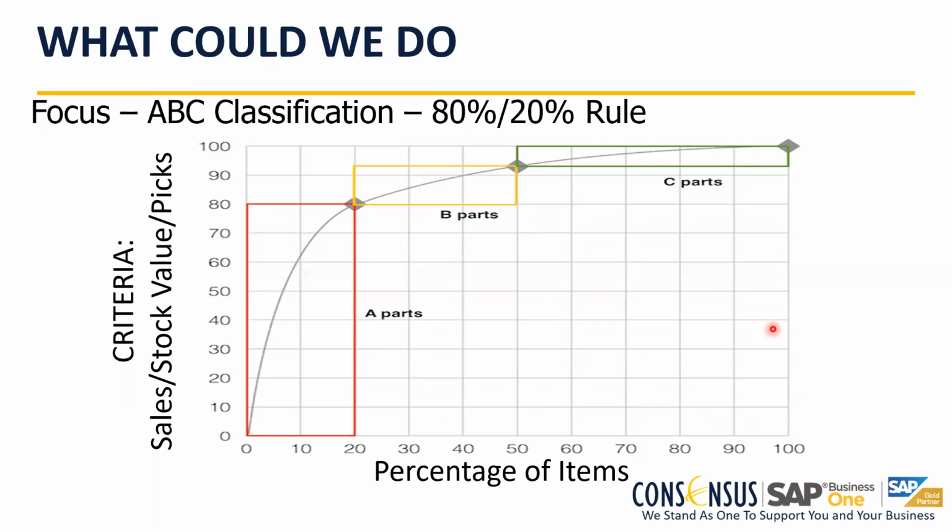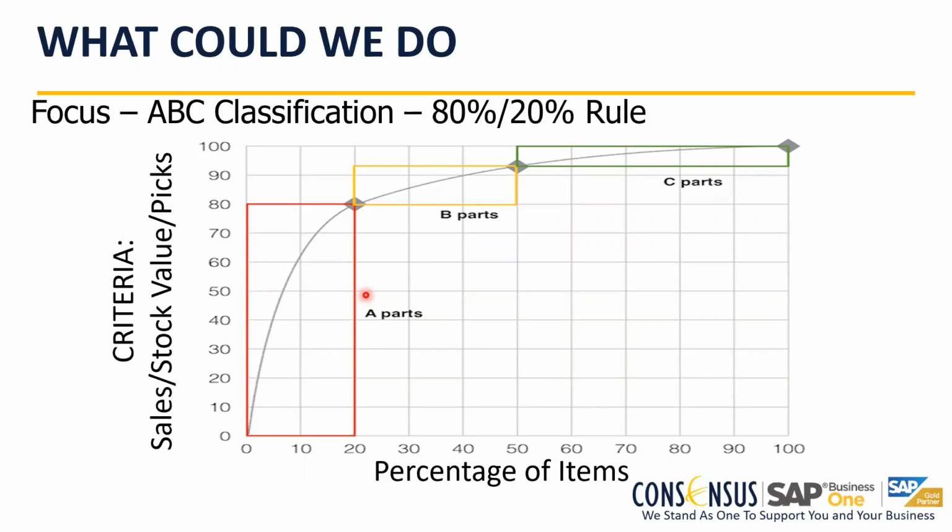And the last way of classifying my inventory is by picks. Picks is how many times I have to go out to the warehouse and pick items. So I could have items that I pick regularly, all the time, that are very popular because these are items I sell quite a lot, and those might be cheap.